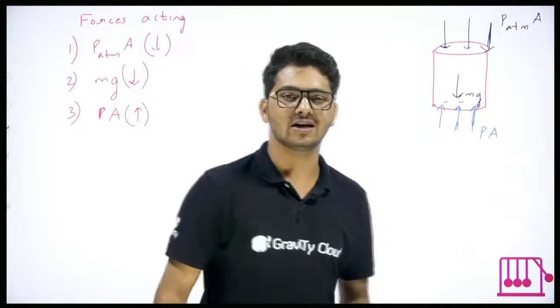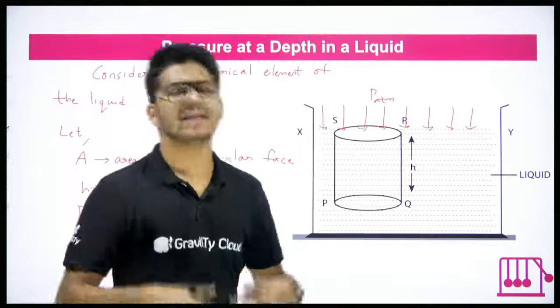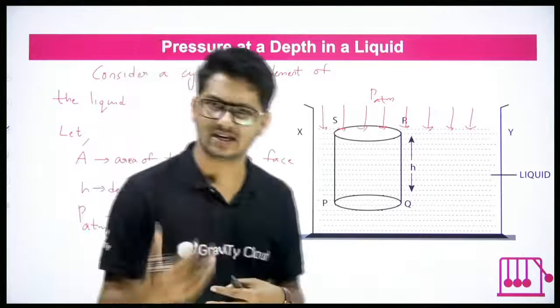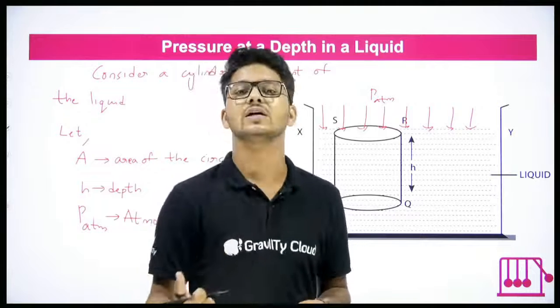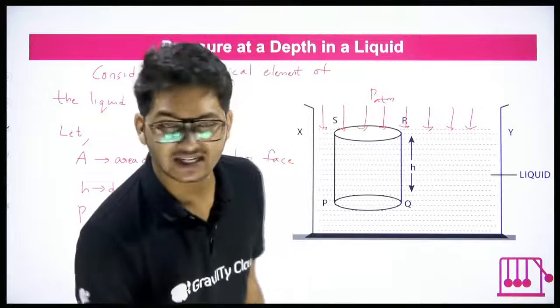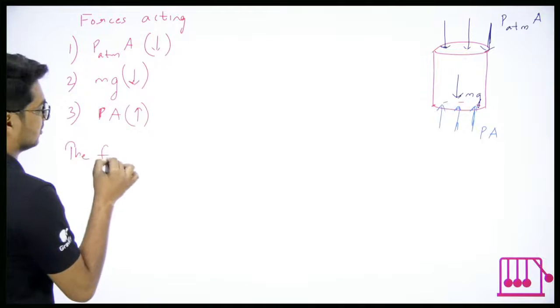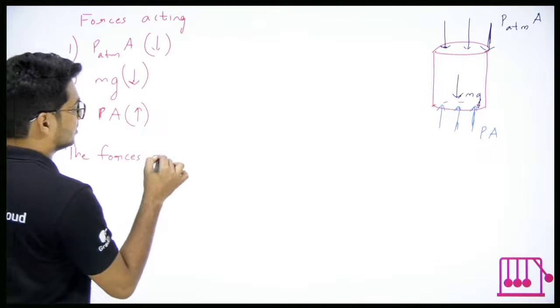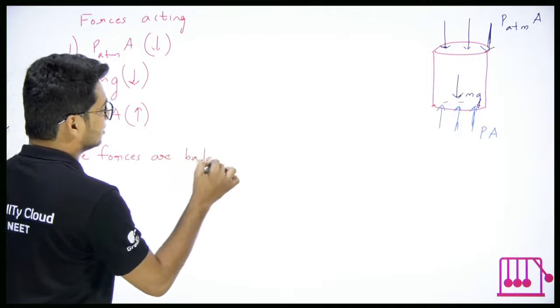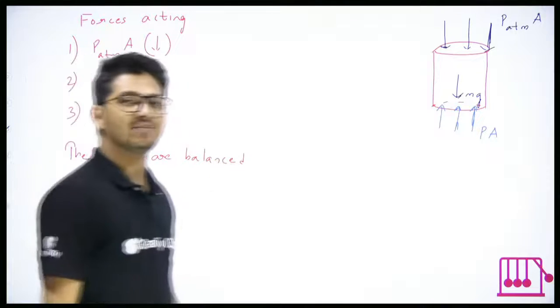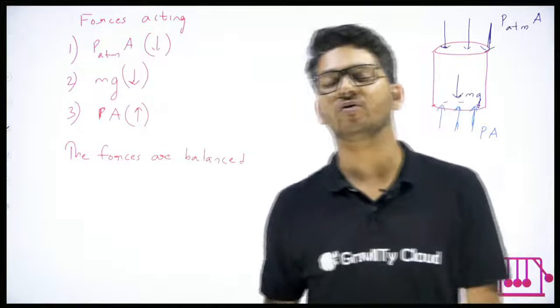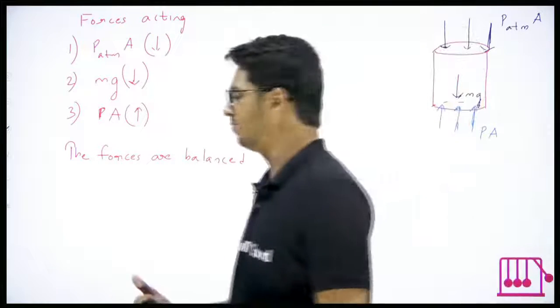Now that water is at rest. We have taken a cylinder, and the liquid is completely at rest. The liquid is not moving. That means net force is 0. The forces are balanced. And if they are balanced, what does that mean? Total downward force will be equal to total upward force.